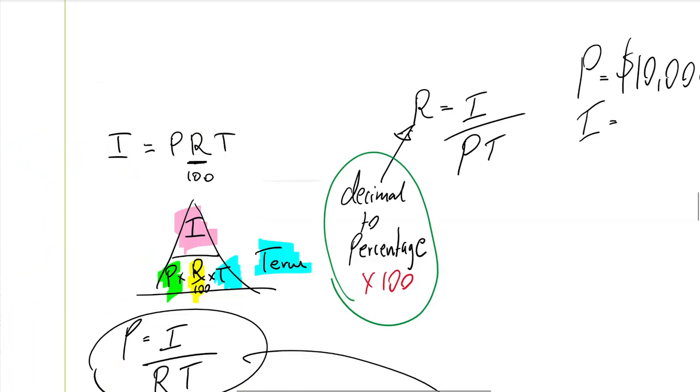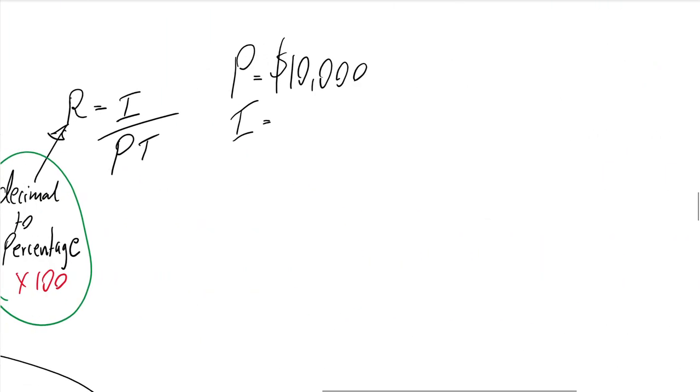The actual interest? Is it over there, 2,000? And 2 years. Now remember, if it was given in 6 months, always divide by 12. If you're given weeks, what do you divide by? 52. Good.